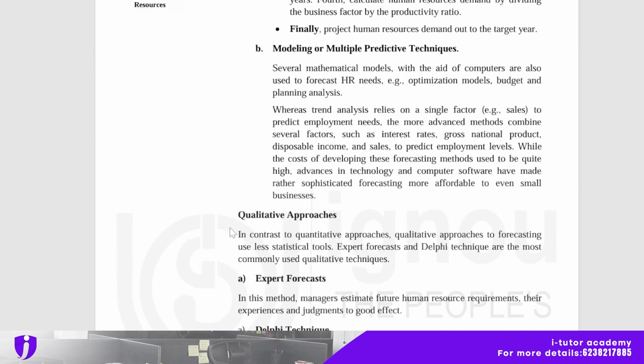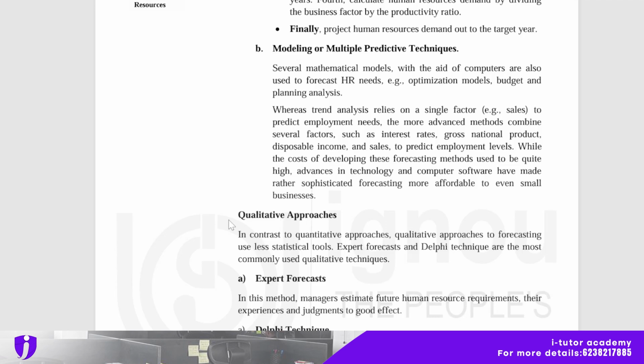And the next is modeling or multiple predictive techniques. Several mathematical models with the aid of computers are also used to forecast HR needs, such as optimization models, budget and planning analysis, whereas trend analysis relies on a single factor, for example, sales.